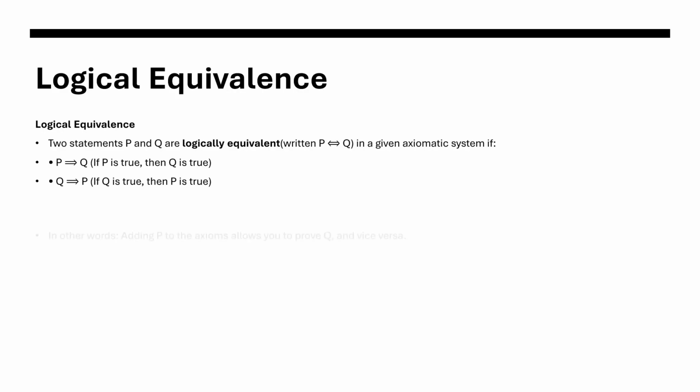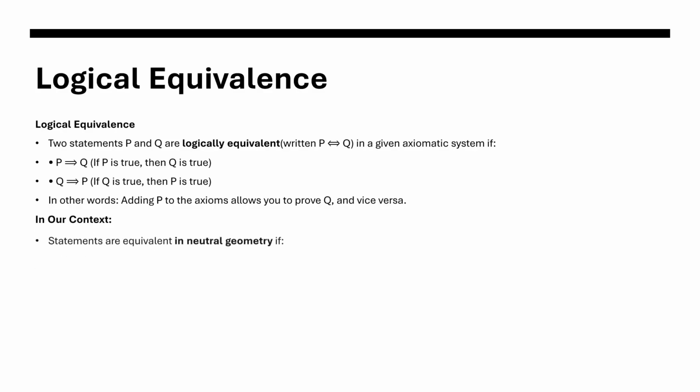In other words, adding P to the axioms allows you to prove Q and vice versa. Logical equivalence is a powerful concept. It means that two statements are interchangeable. They have the same logical content, even if they look different.